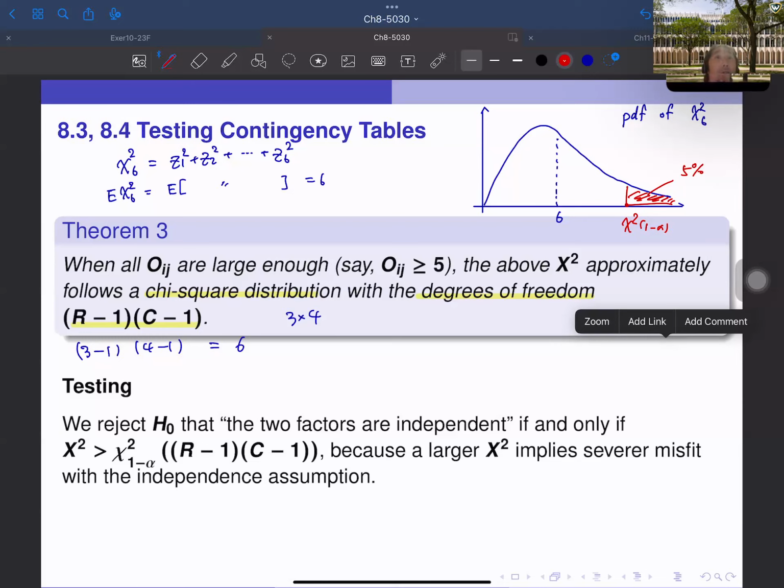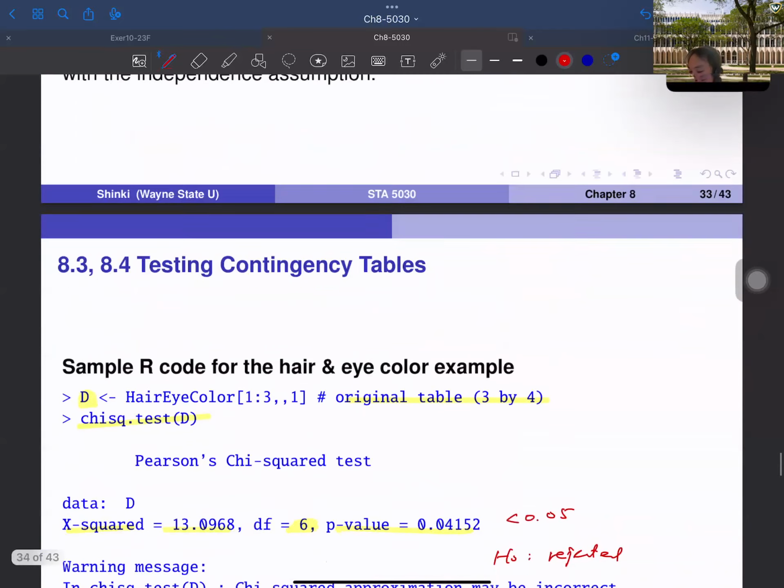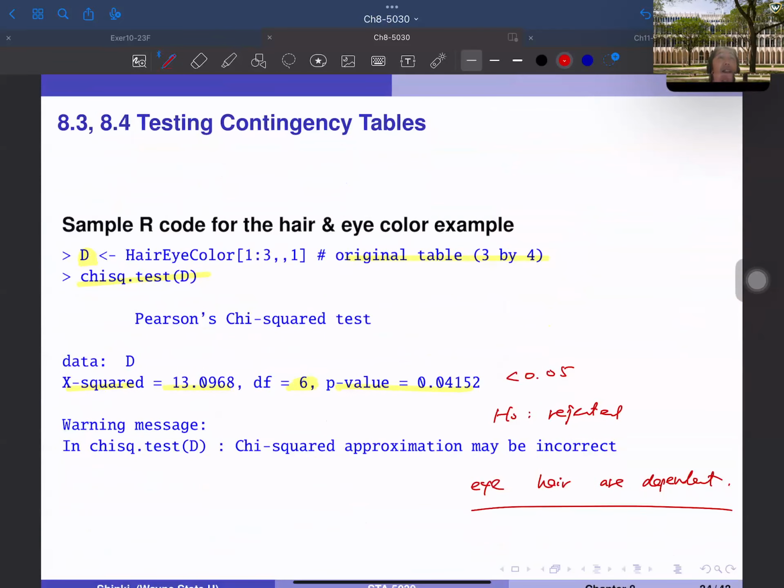I got another question. Why are there two commas when selecting the rows and the columns in the first line of code? Oh, yeah, that's also a good question. You can see here that we have two commas. And the answer is that this hair eye color object is a three-dimensional array. So actually this data set has two tables, the first table and the second table.